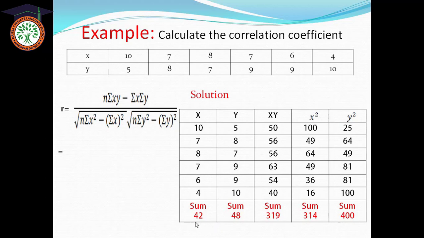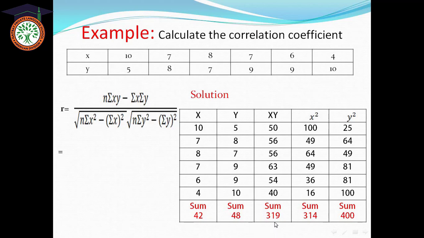At the end of this table, you have to find the sum of each column. The sum of X in the first column, by adding all the values of X, is 42. And the sum of Y, adding all the values of Y, is 48.